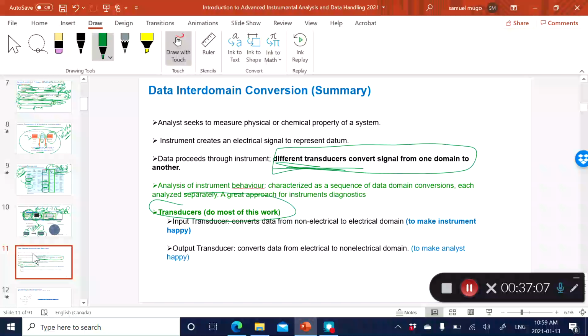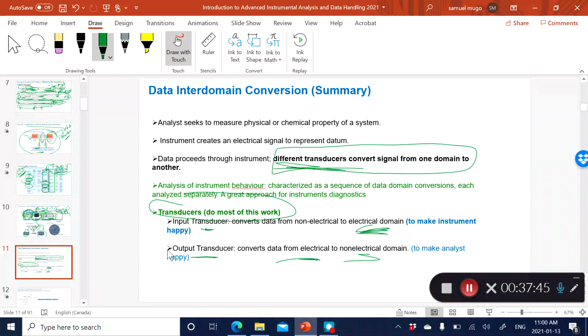For example, the so-called input transducer, which is what happens first, converts the non-electrical or physical quantity to an electrical quantity, so that the instrument is happy. That's the language the instrument understands. And then finally, you've got the output transducer that converts the electrical quantity to a non-electrical domain, so that the analyst is happy, and that's what you call the analyst domain.